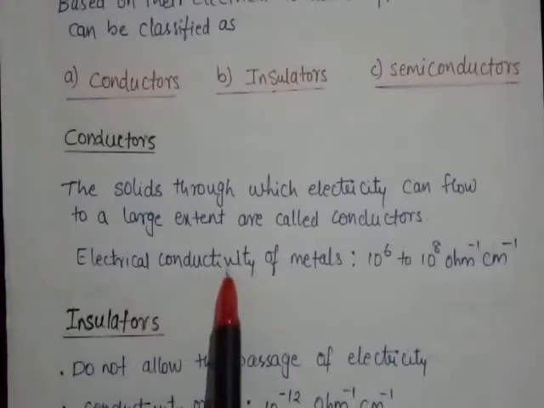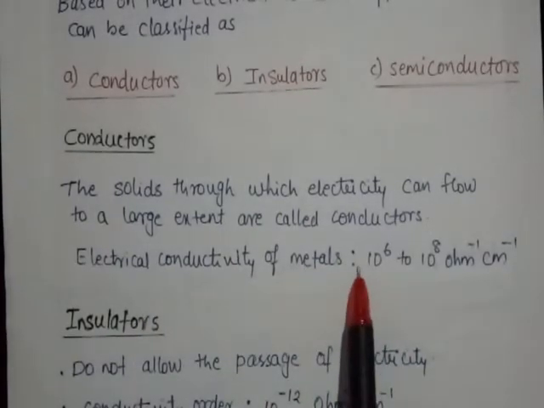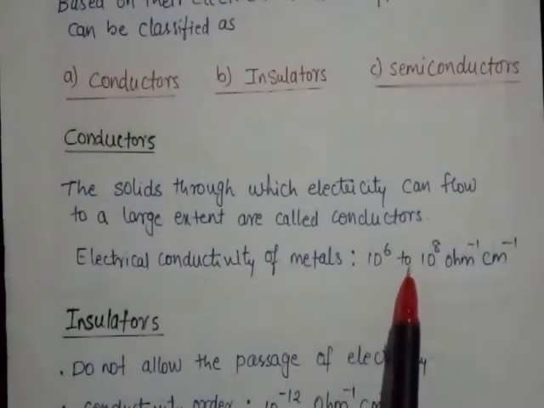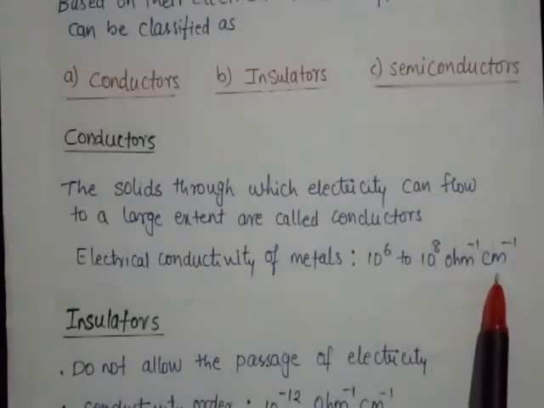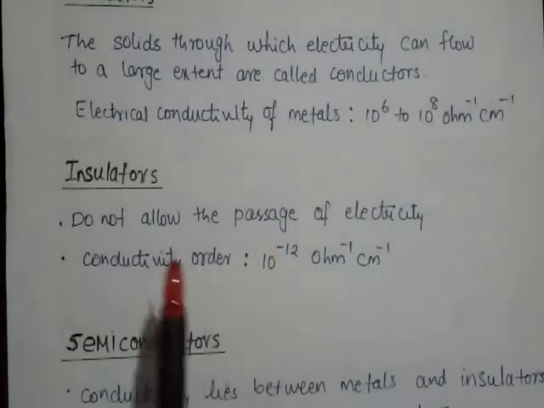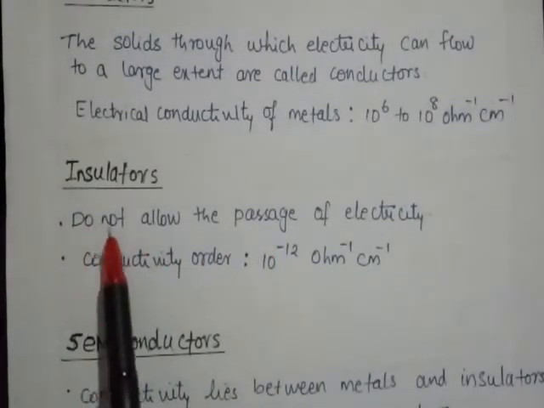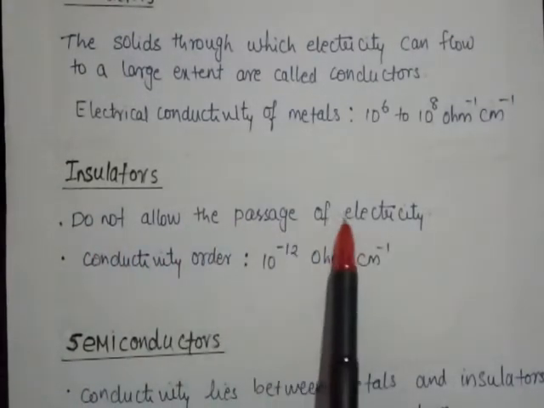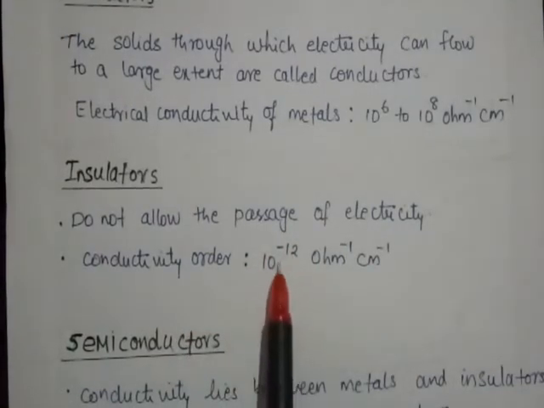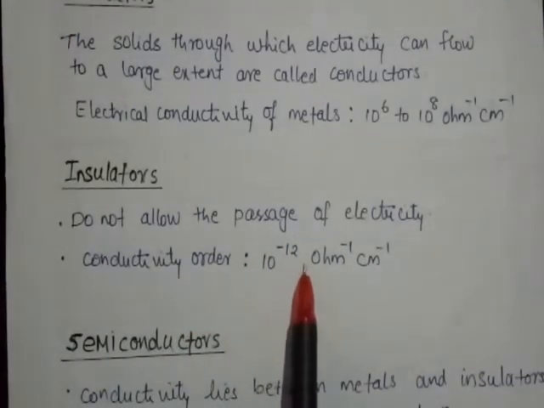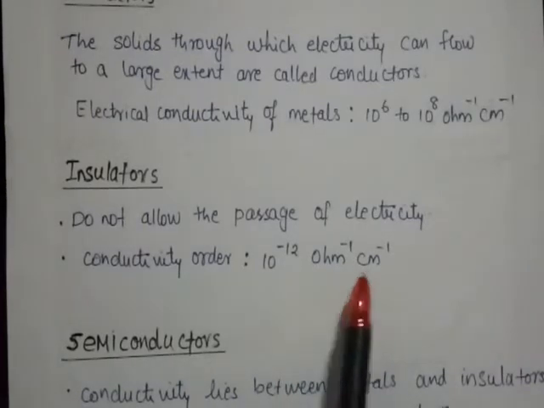The electrical conductivity of metals lies between 10 raised to 6 to 10 raised to 8 ohm inverse centimeter inverse. Insulators do not allow the passage of electricity and their conductivity is of the order of 10 raised to minus 12 ohm inverse centimeter inverse.